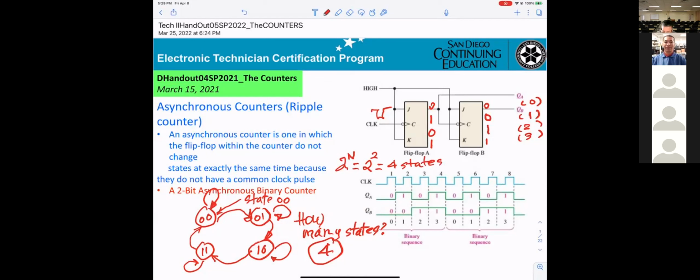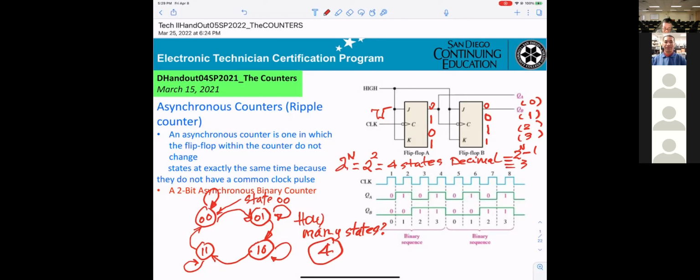And a decimal will be less than that, 2 power of n minus 1. That's why you get 3. If you start counting by decimal.